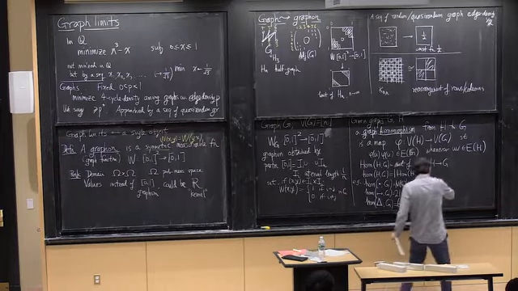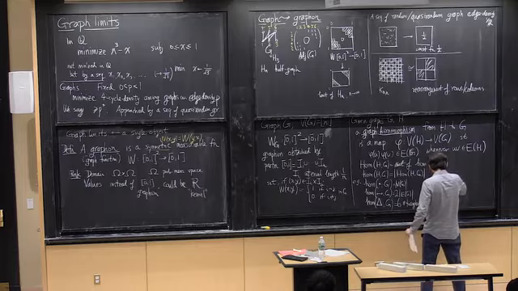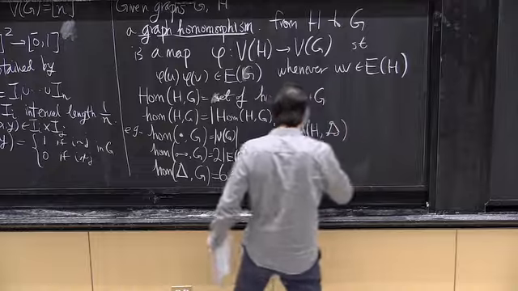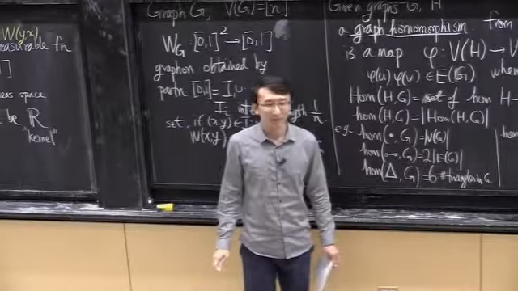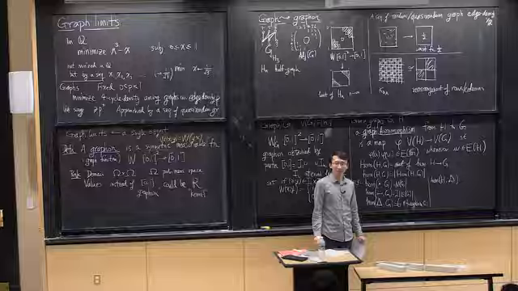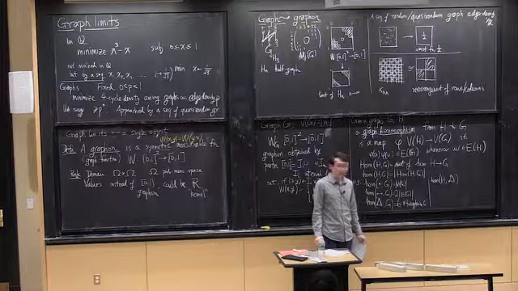Okay, so now let me ask a slightly more interesting question. What about the number of homomorphisms from H to a triangle? What's a different name for this quantity?